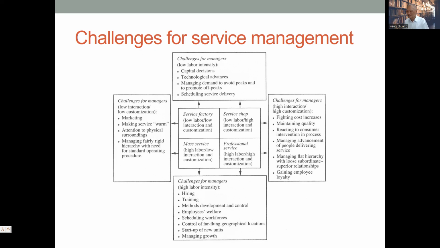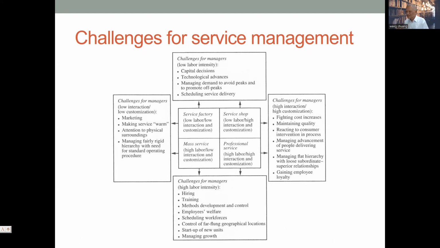And in contrast, for high interaction or high customization, challenges for managers include fighting cost increase and maintaining quality, reacting to consumer intervention in process, and managing advancement of people delivering services.